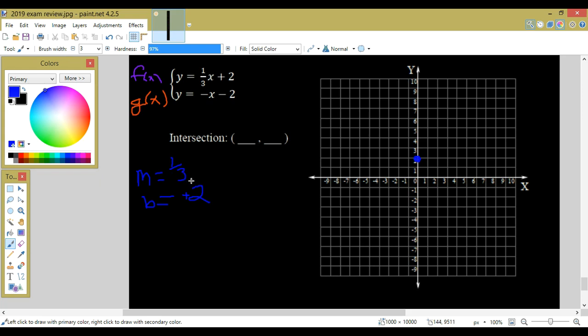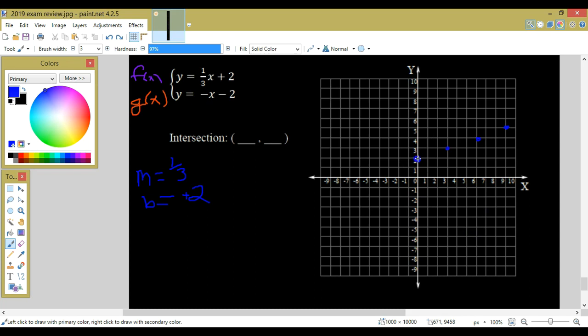Our slope is 1/3, so that means it rises 1, runs 3. Rise 1, run 3. Put a point. Up 1, right 3. You can't go anywhere else that way, so let's go back to the starting point and do the opposite.